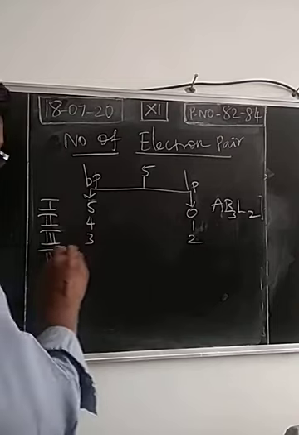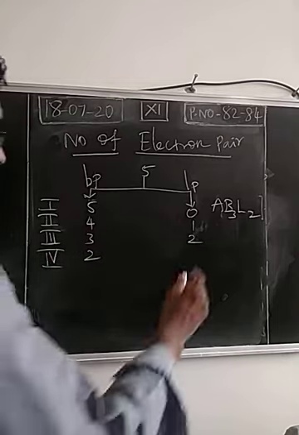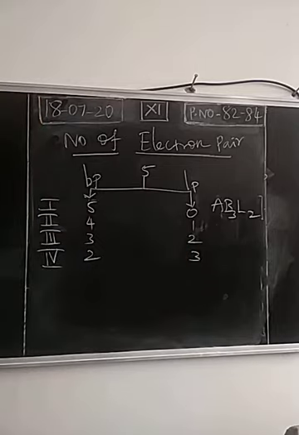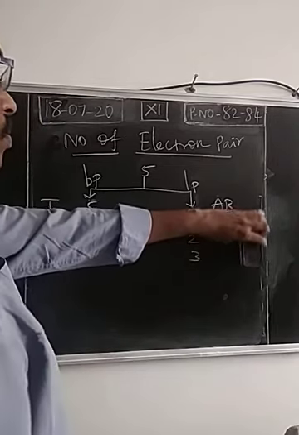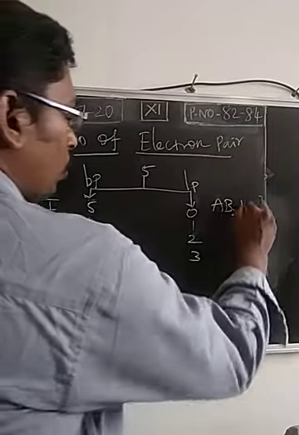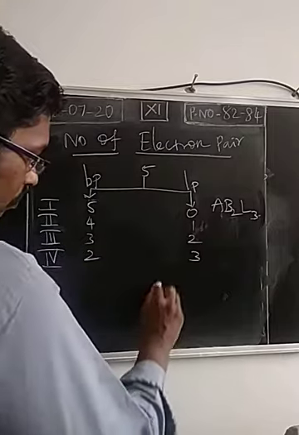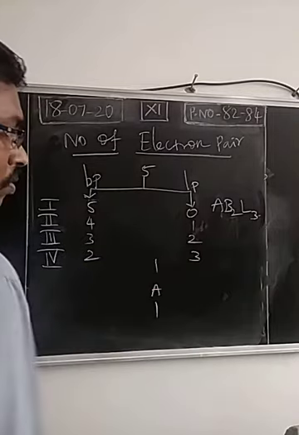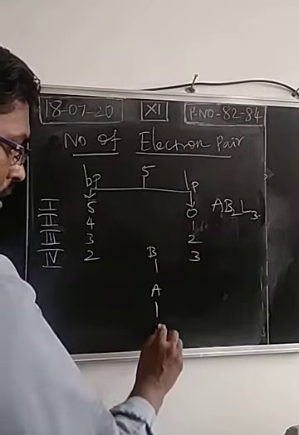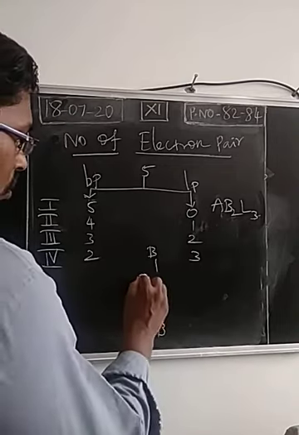Next, another possibility. 2 electron pairs can be present as bonded pairs, and 3 electron pairs can be present as lone pairs. So the formula is rearranged as AB2L3. Central atom A, combining atoms 2 B atoms.